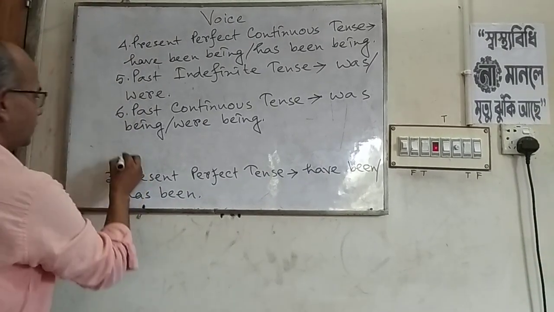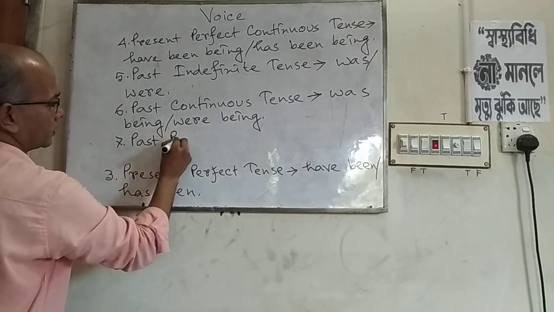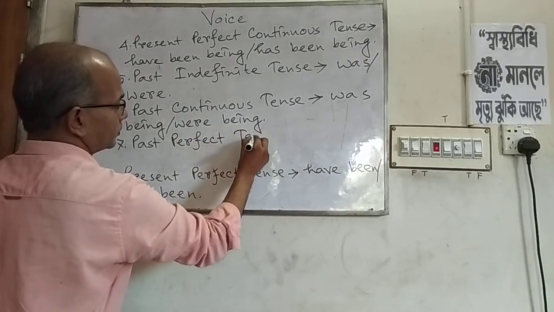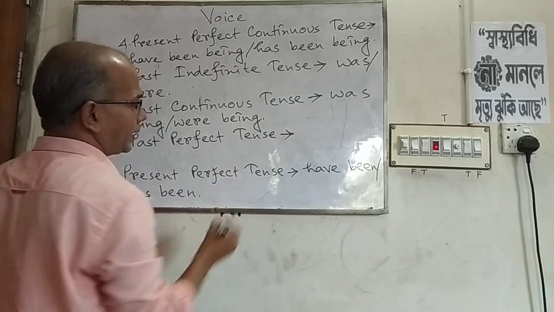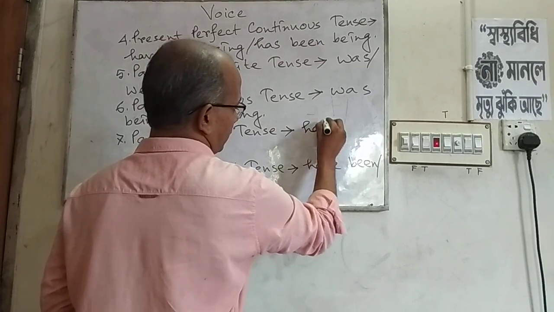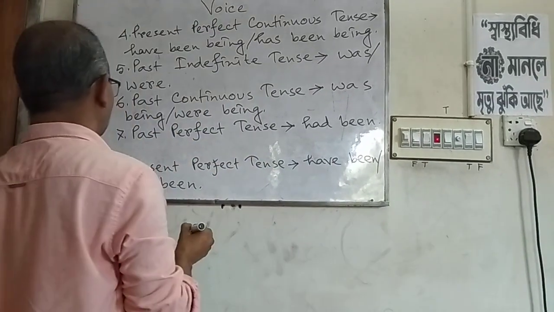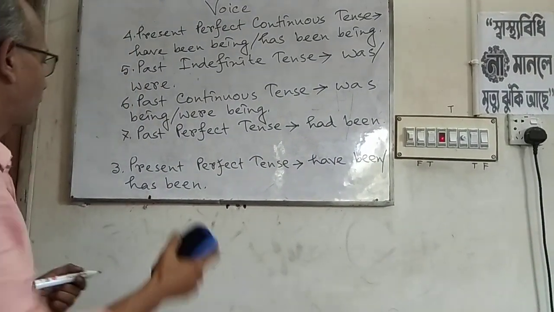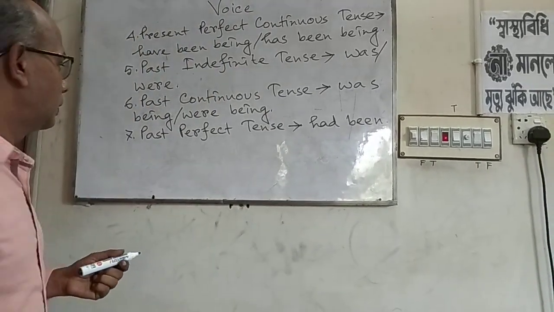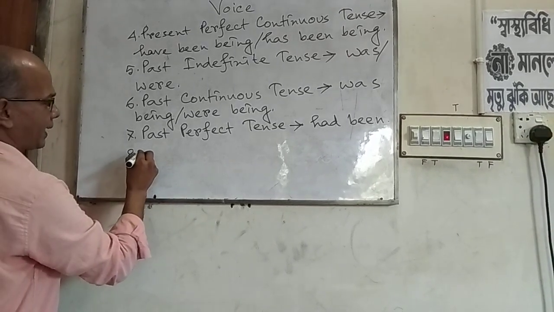At number 7, there is past perfect tense. And auxiliary verb is had been. Now there is past perfect continuous tense at number 8.